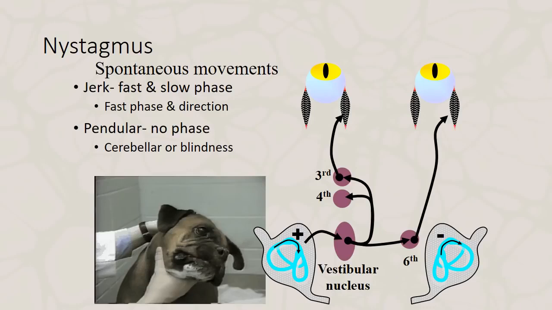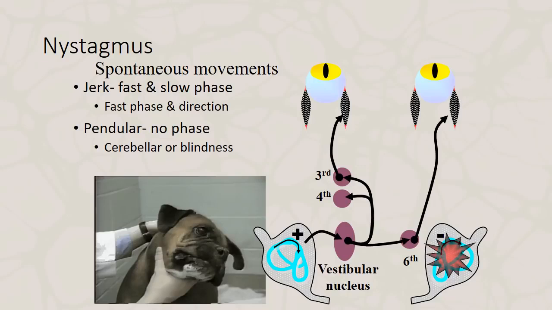Now there can be spontaneous nystagmus, as this kind of movement should not be present when the animal is not moving. With pathologic nystagmus, the brain is perceiving movement when none is there. This is often from damage to the middle ear altering the input.